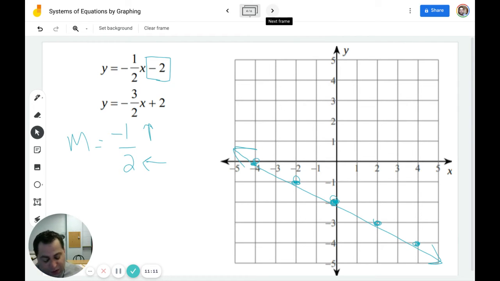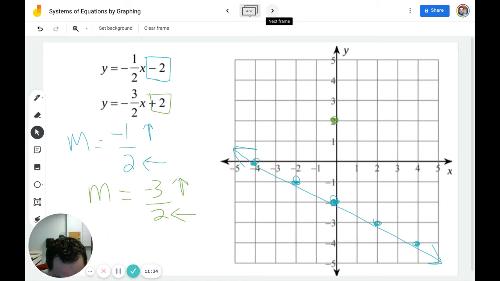Then I can move to my other one. This time our y-intercept is positive 2. And my slope is negative 3/2. I'm going to go up 3 and left 2, right? Left 2 because it's negative. So we're going to go up 3, left 2. All right. So we get the trend of the line.